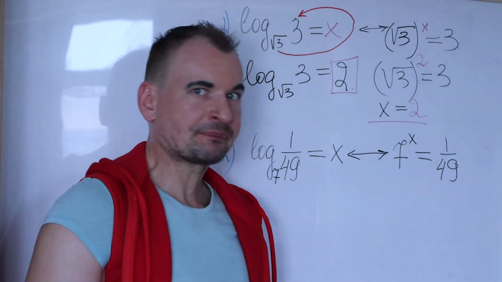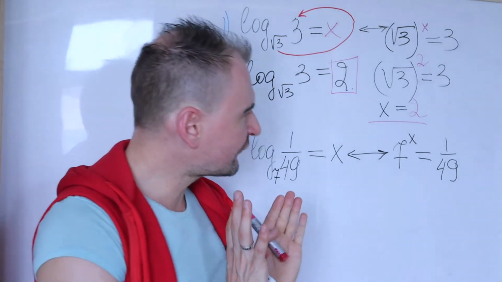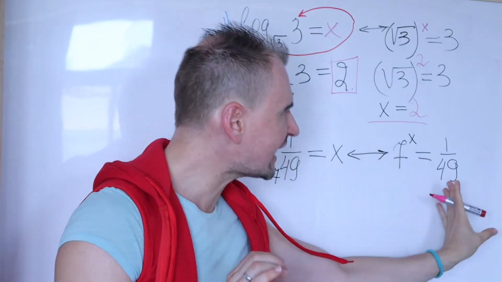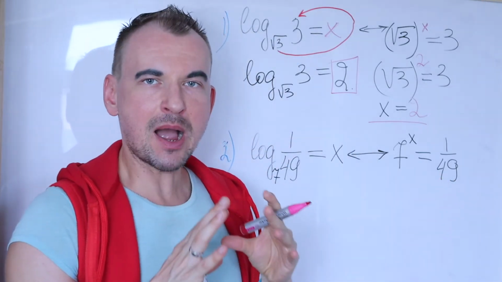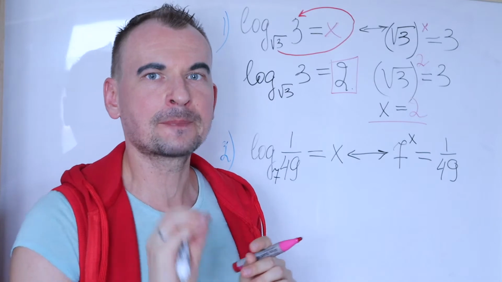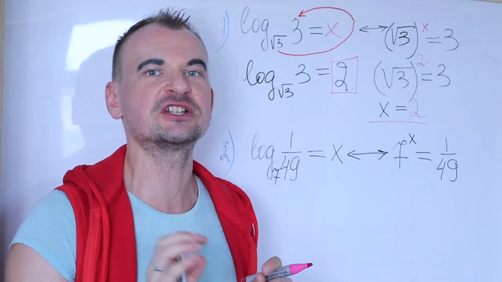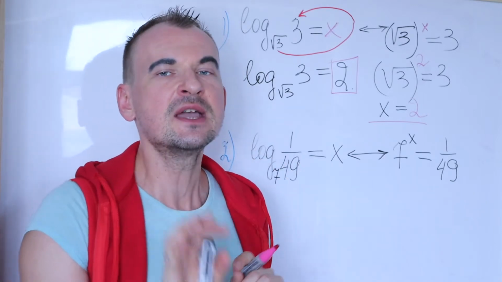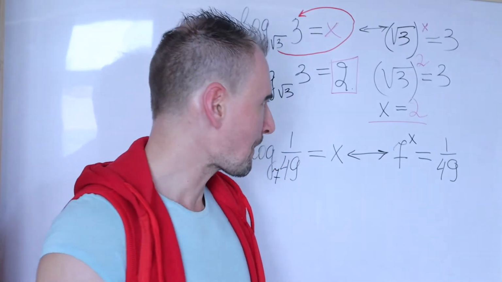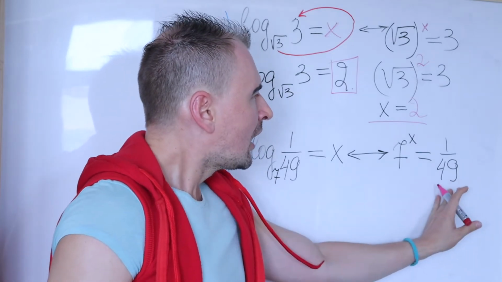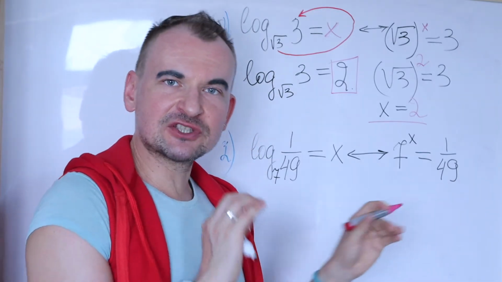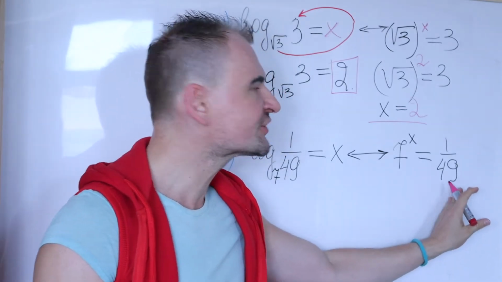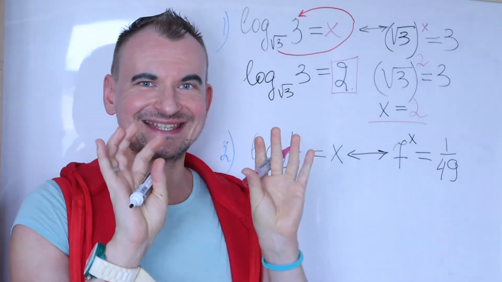And as I mentioned before, basic exponential equations come up here, and if you need help solving basic exponential equations, I have a separate video and you could check it out later. Now, I will just go through this quickly. The idea is you want to always get the same base.